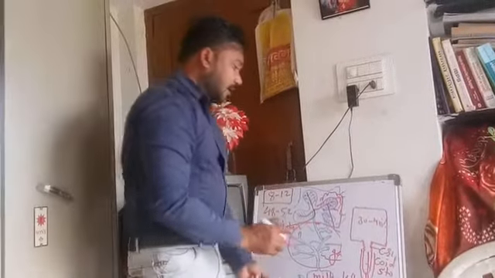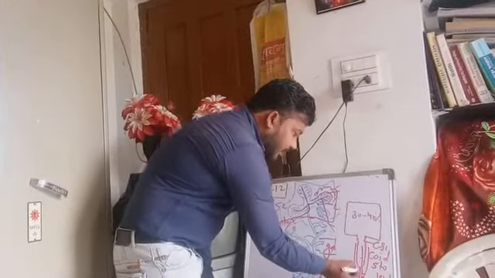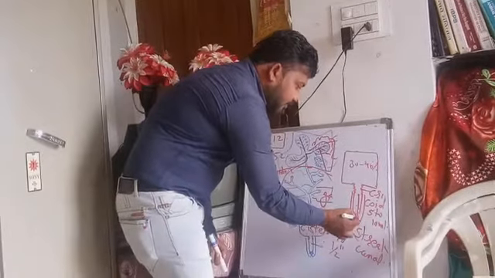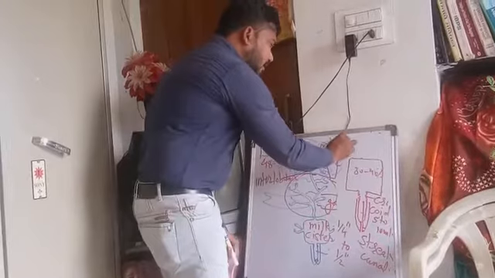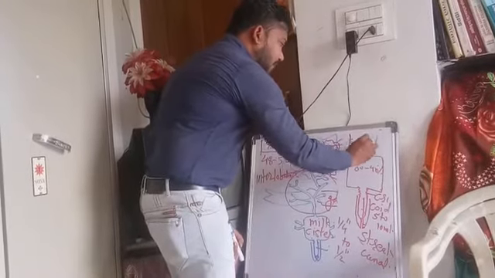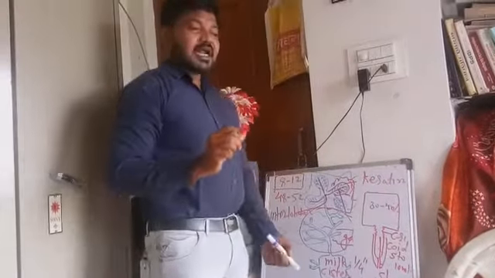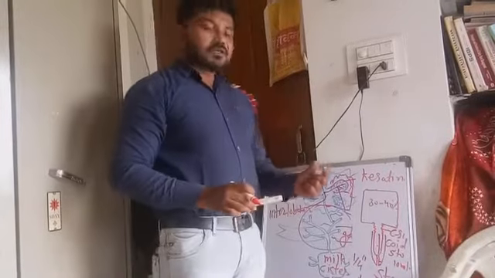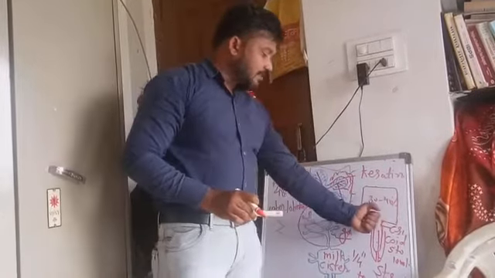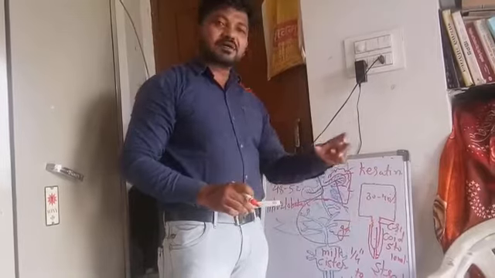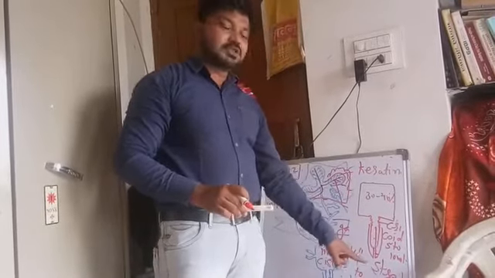Inside the streak canal there is one special material called keratin. Keratin is a wax-like substance. When you press the teat or when the calf suckles the teat, milk is discharged.